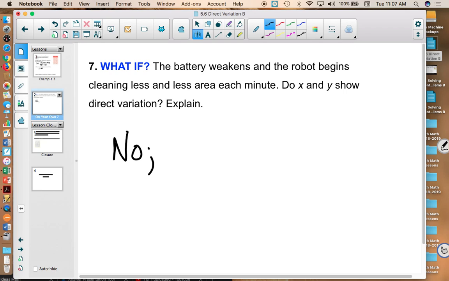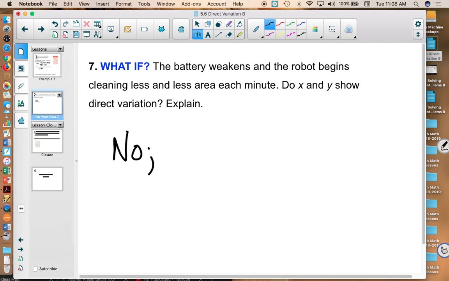Alice? Okay. Does it weaken at the same rate? No, it's going less and less and less. Yeah. That rate of change is no longer constant. Did you have anything you wanted to add to that?